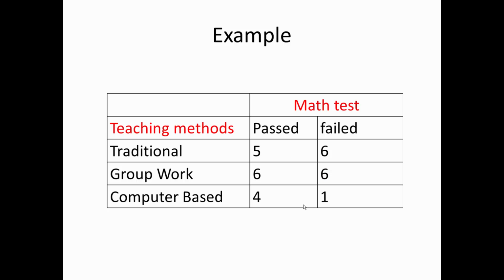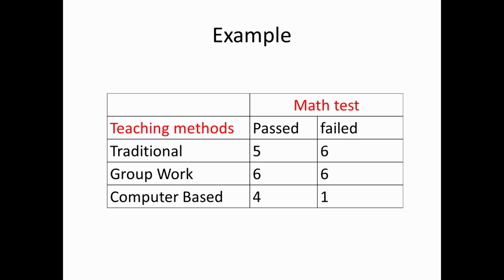So in order to do the chi-square, you have to make a table like this, and you have your independent variable in one column, and then you have your dependent variable here. However, because you don't have any score or grade, you just put the number of participants in each condition.